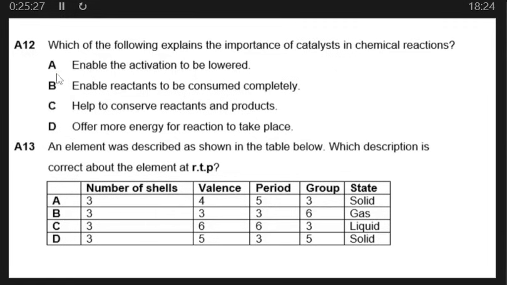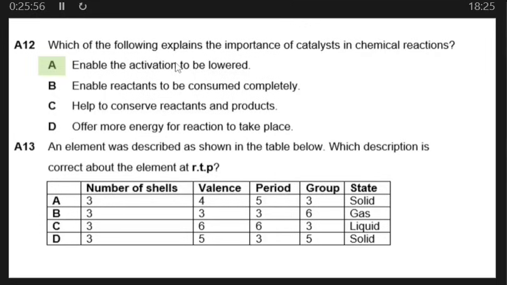So the best answer is A, though I missed something in retyping, because the original past paper was not clear. I missed out activation energy, because the function of a catalyst in a chemical reaction is to speed up the rate of reaction by lowering the activation energy needed for reactants to form products.